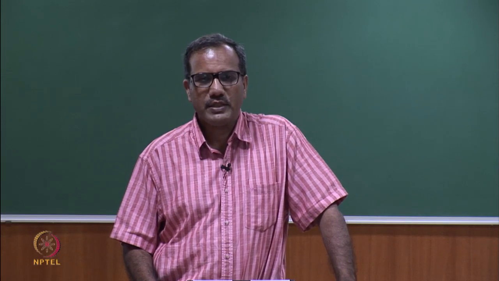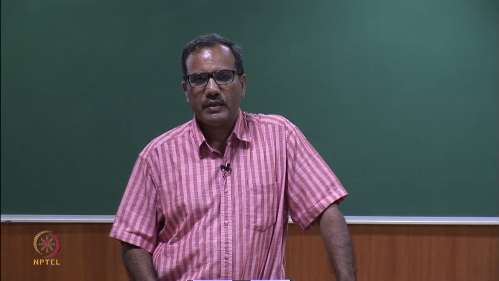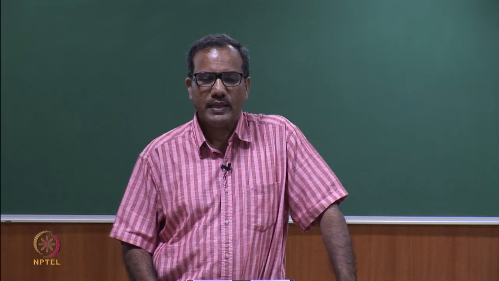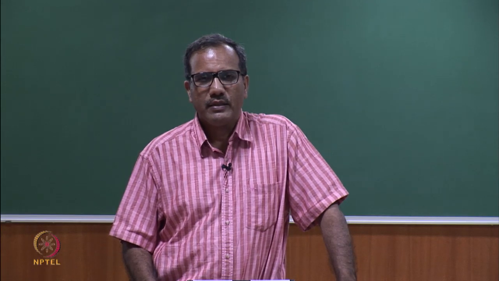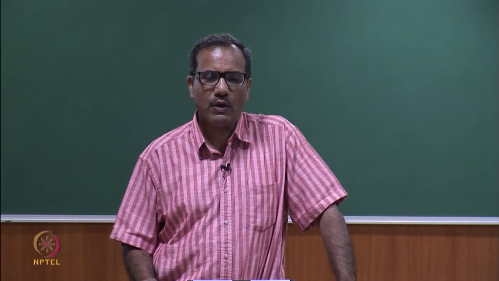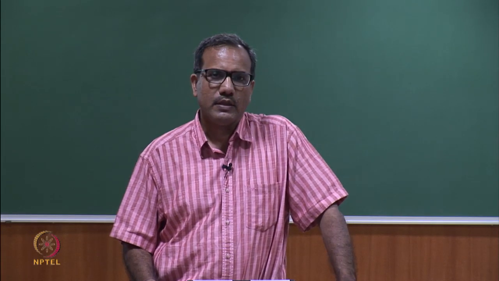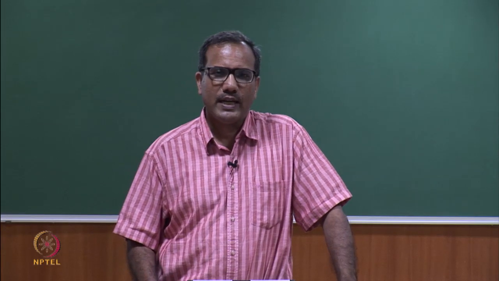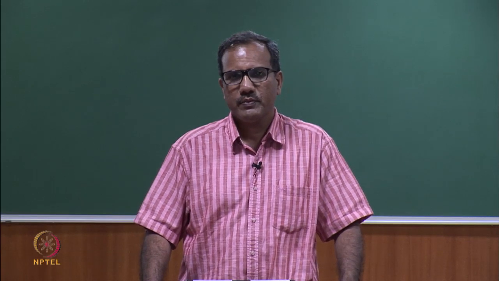We separated the Schrodinger equation into two different parts based on small r and capital R, and then I showed you how to solve the Schrodinger equation which deals with the motion of the electron relative to the center of mass.